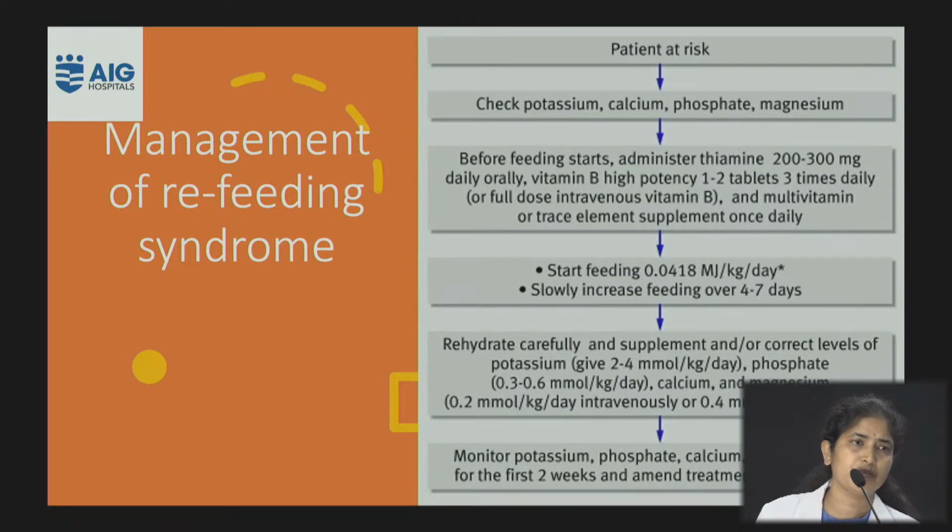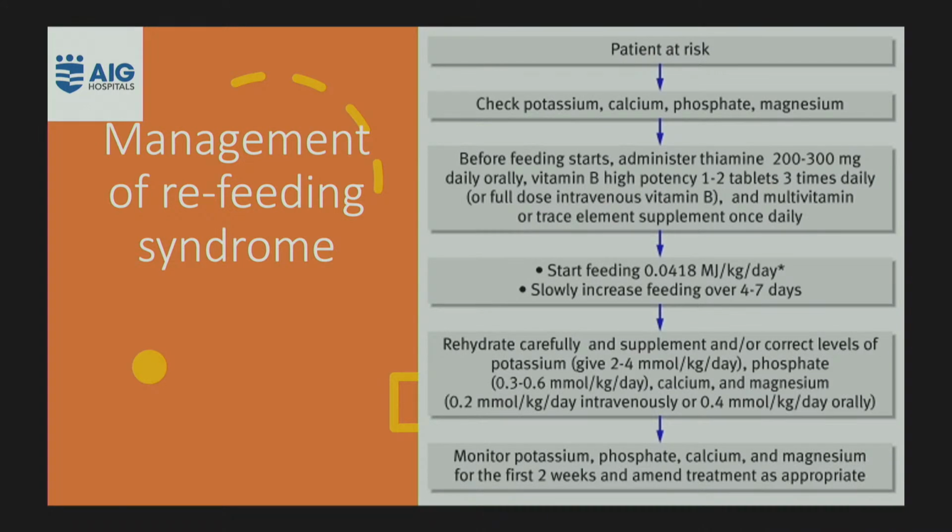So if, after going through all the protocol, identifying, assessing, and managing them, refeeding syndrome still happens in the ICU, when we identify that the patients are at higher risk, then prophylactically we administer thiamine and high potency vitamin D supplementation along with other multivitamins.